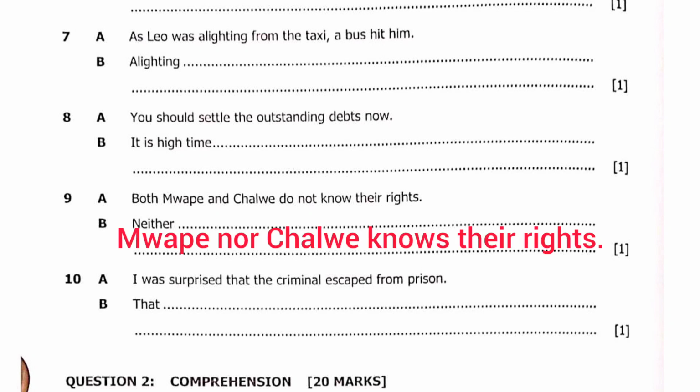Number 9. Both Mwape and Chalwe do not know their rights. Begin neither. Neither Mwape nor Chalwe knows their rights. Why knows, not know?